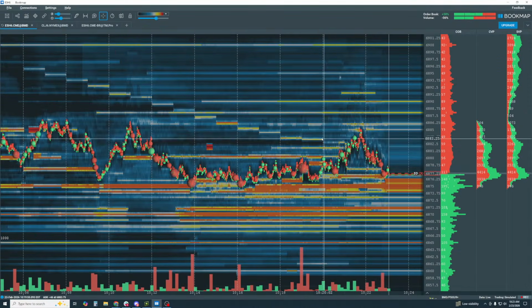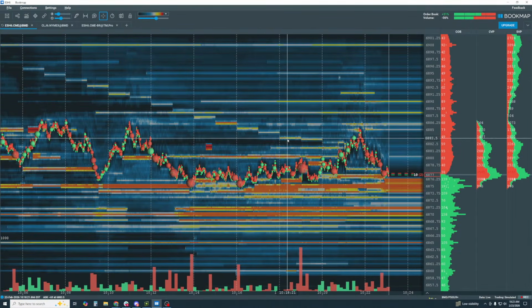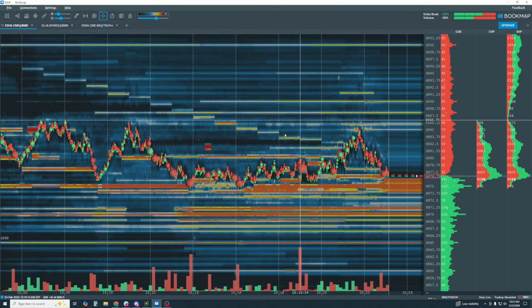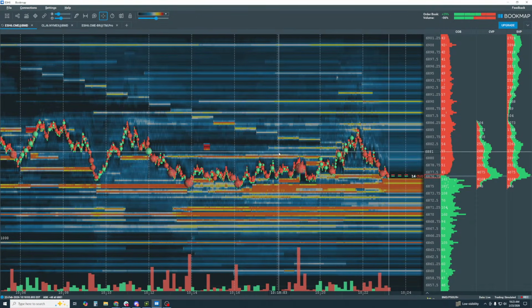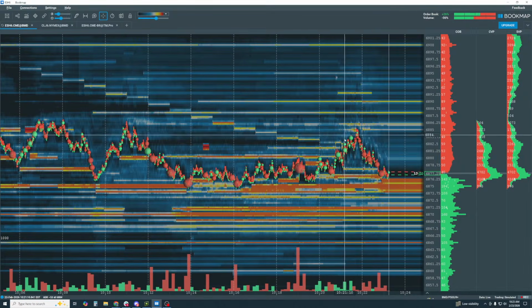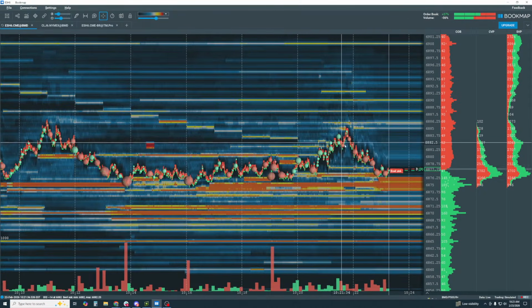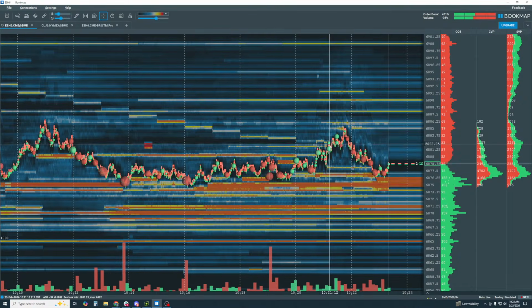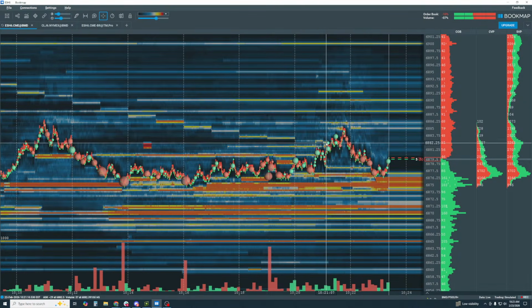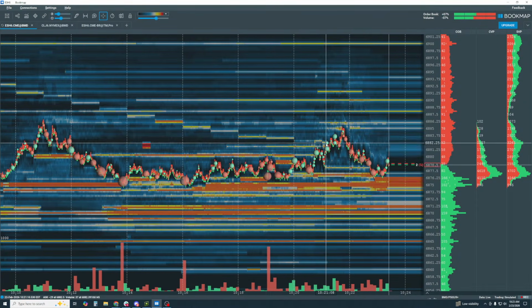Is it a spoof or some sort of algo with deceptive means here? I wouldn't say so. It looks to me like they're just trying to get filled in here. It's really if they do get filled that is the question. And it looks like in this little area in here they did, around 82.25.